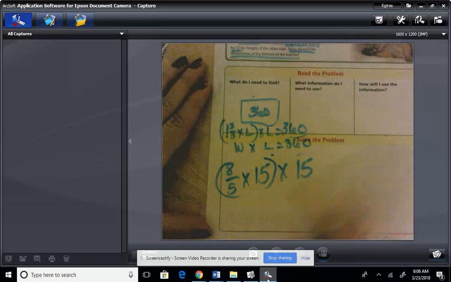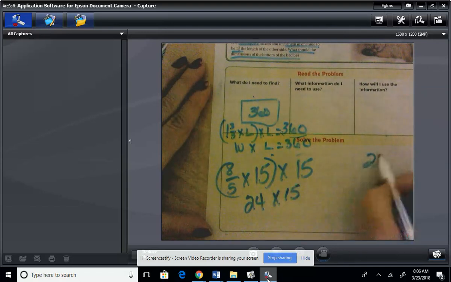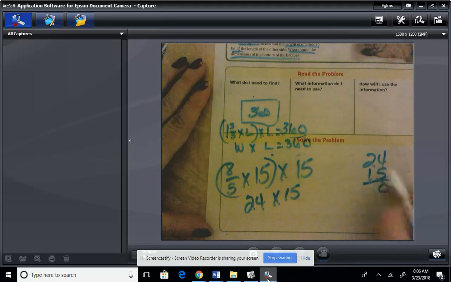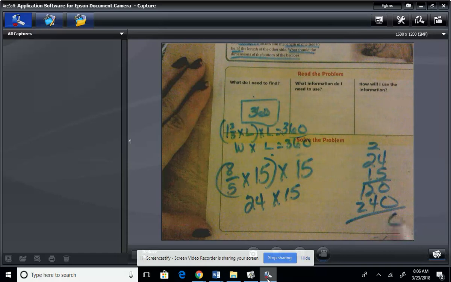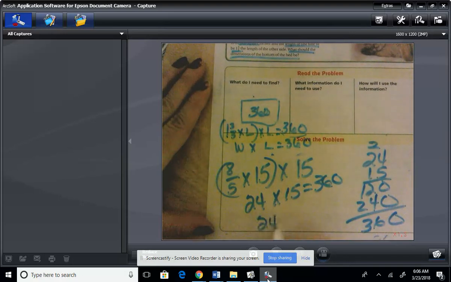So this is 24 times 15. So my dimensions are 24 by 15 equals 360.